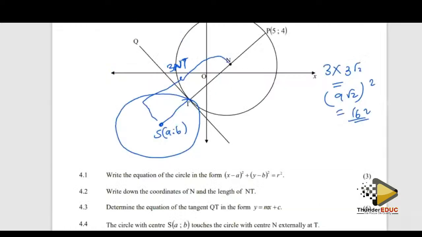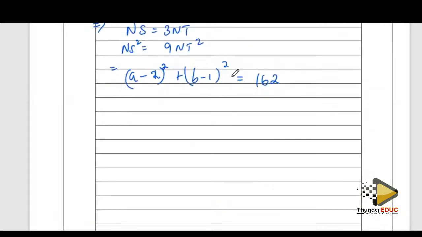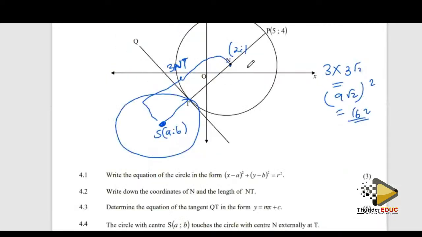So we're looking at the distance from here up to here. Remember our N was (2, 1). So (a − 2)² + (b − 1)² = 162. Let's call that equation number 1. But we know that NT and QT, those are perpendicular lines.